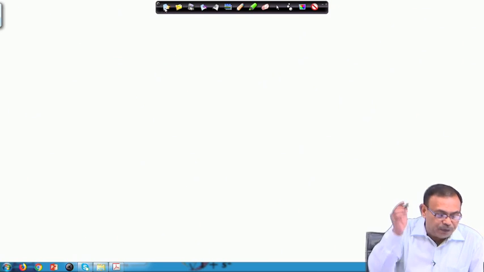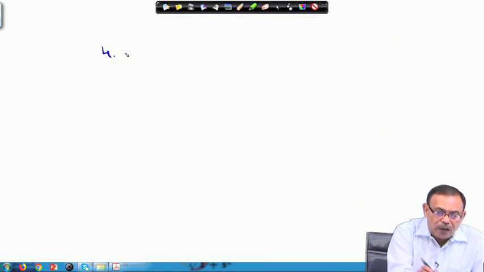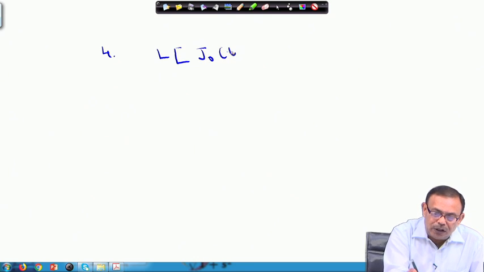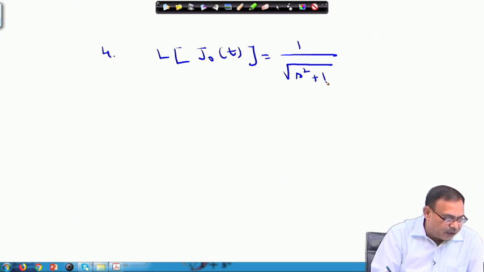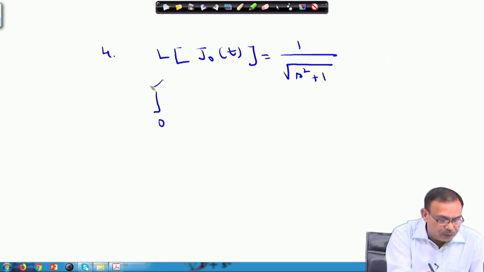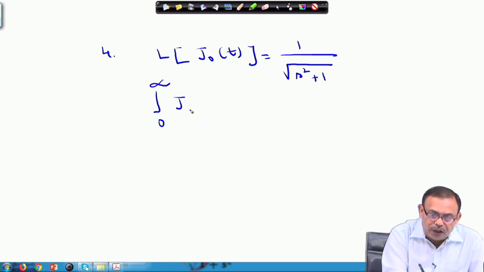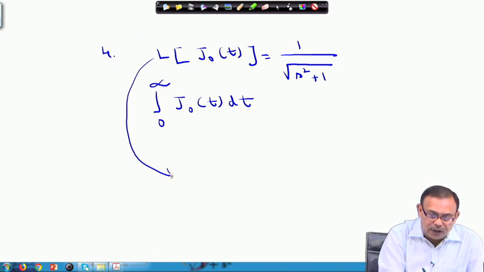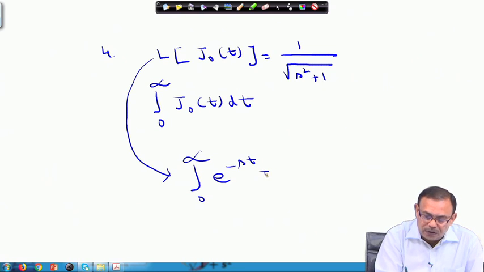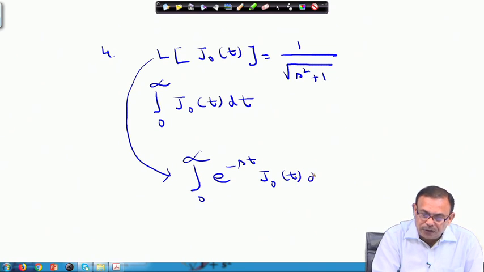And number 4 was Laplace transform of J0(t). Already we know this is 1 by root over s square plus 1. Therefore, what will be the value of integral 0 to infinity J0(t) dt? Actually, what is this? This is nothing but, from the definition, integral of e power minus st into J0(t) dt.